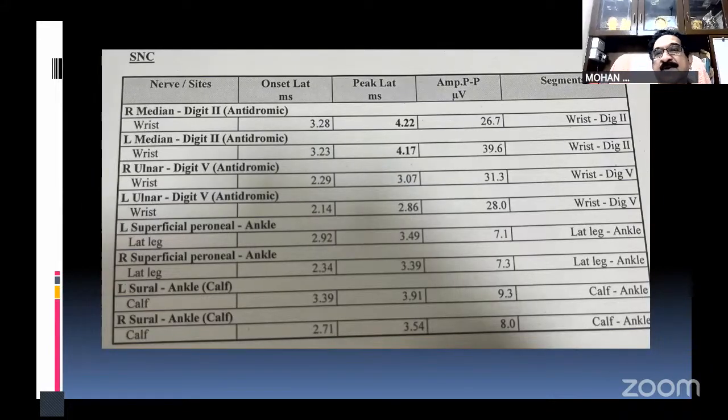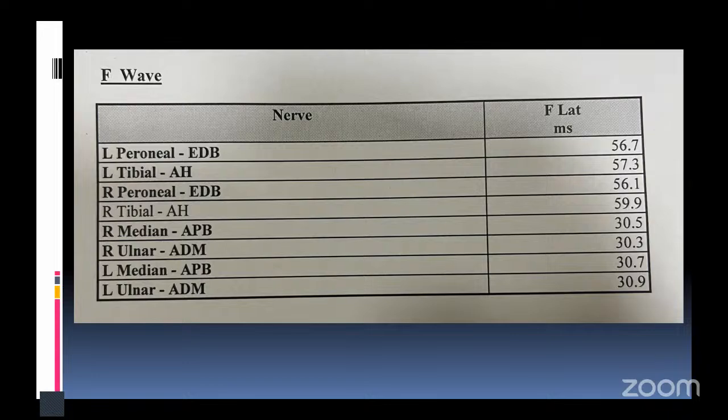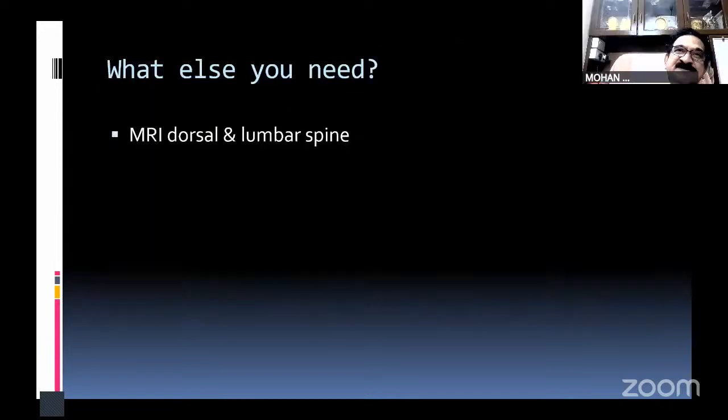Sensory potentials are all normal. I expected some abnormality in the conduction, but it's not. Ganglionic. But femoral conduction, should it be done, sir? Yeah, femoral. So I did a femoral conduction also. That's also normal. I did not show that.